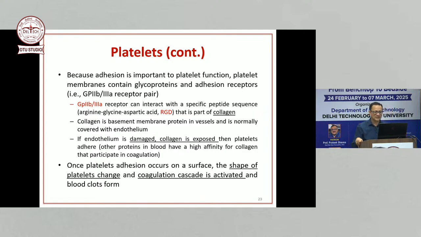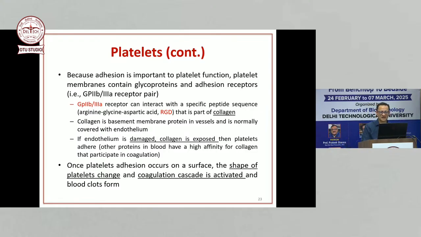And that's the RGD sequence getting recognized by GP2B3A also. Now collagen is present in the basement membrane in the vessels, which is usually covered with the endothelium layer, but once the cut happens, it's exposed and platelets are recognizing that. If endothelium is damaged, collagen is exposed, platelets adhere, and other proteins in blood have high affinity for collagen.